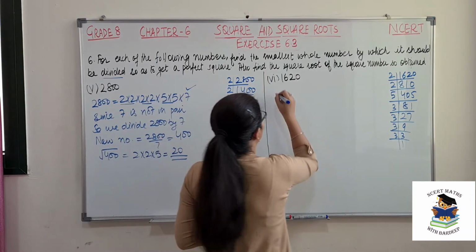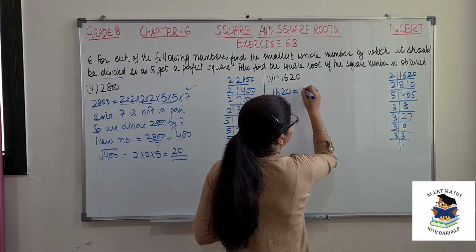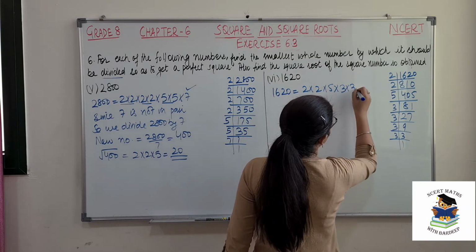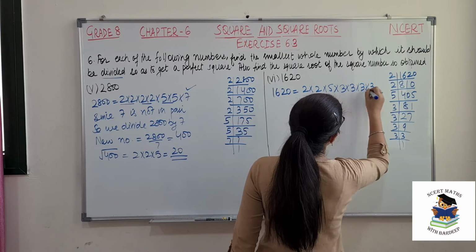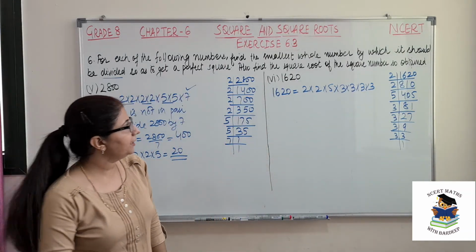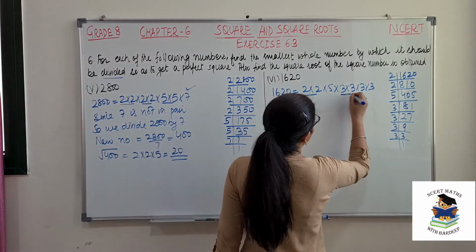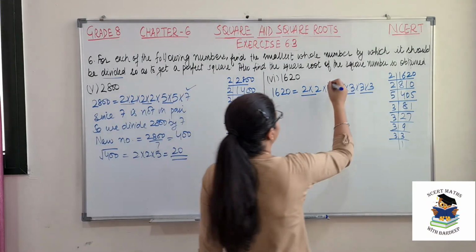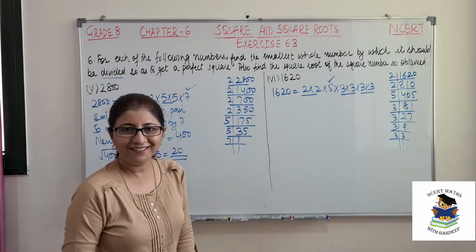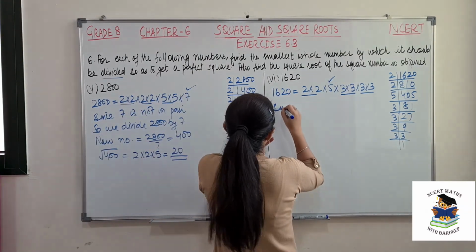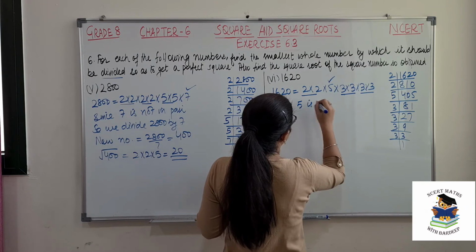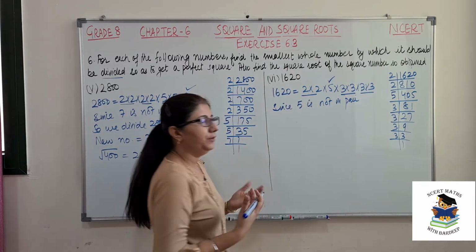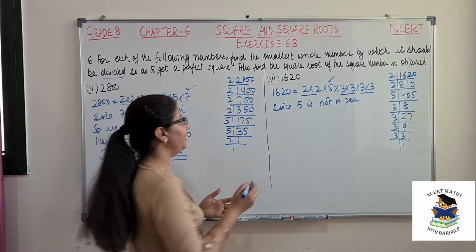Okay, so the factors are 2 into 2 into 5 into 3 into 3 into 3 into 3. Now we can say that 2 is in pair, 3 and 3. We have 2 pairs of 3 but 5 pair is not there. So since 5 is not in pair, we will divide our number by 5.